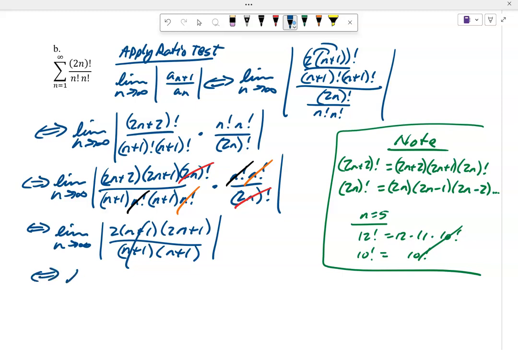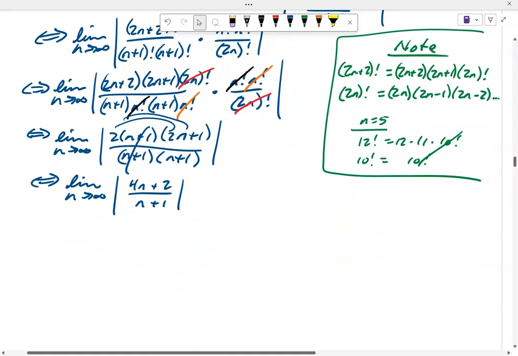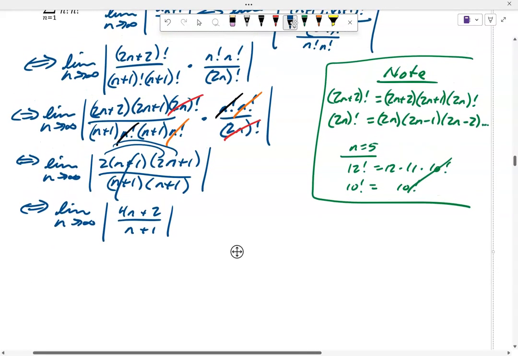So we've got 2 times (2n+1), or let me distribute that through, (4n+2) over (n+1). So I could use L'Hopital's or divide everybody by n here.